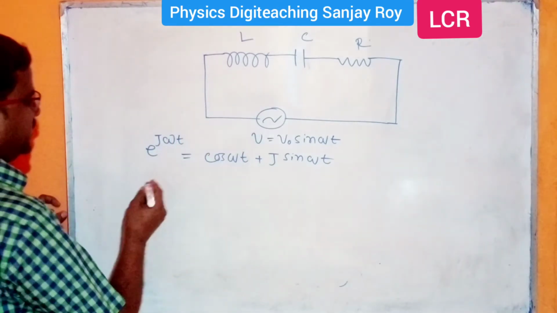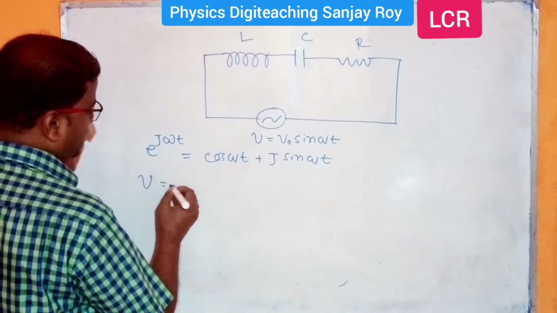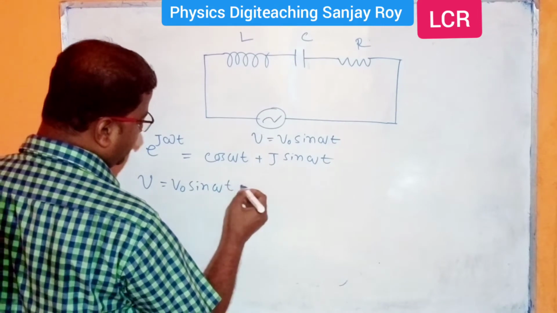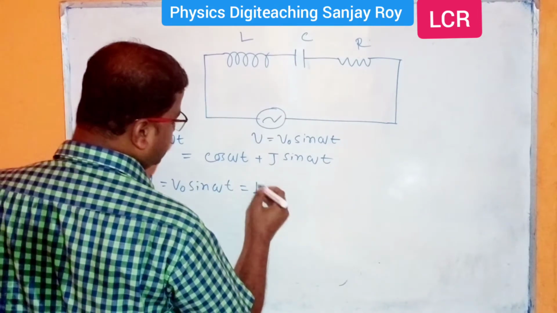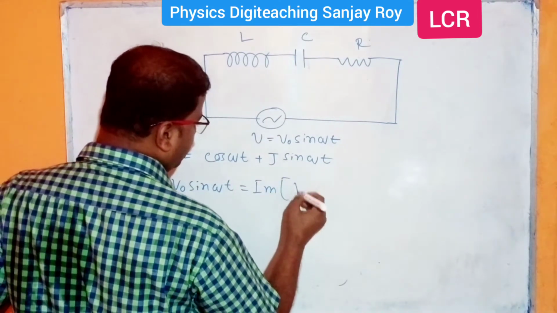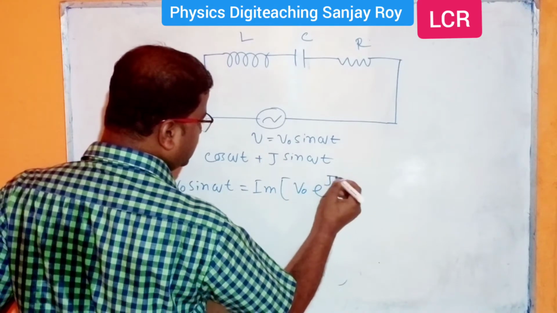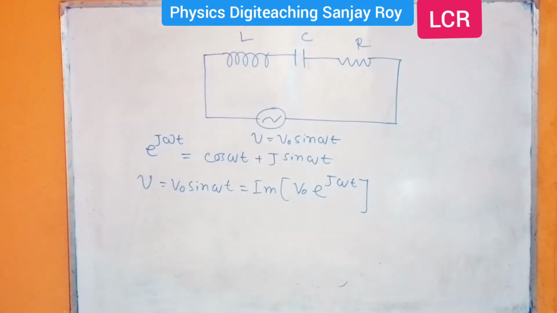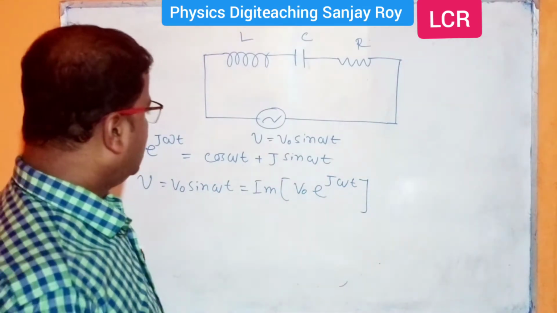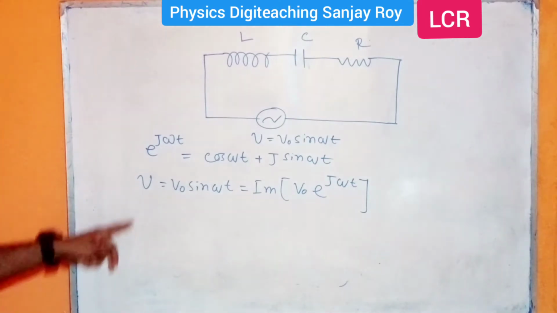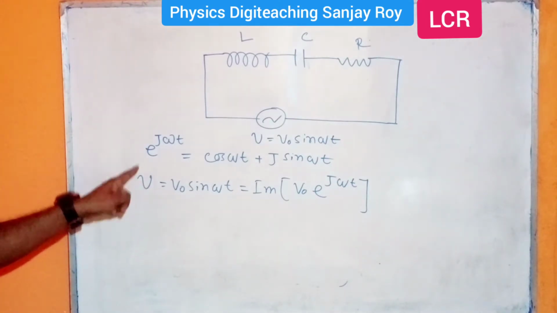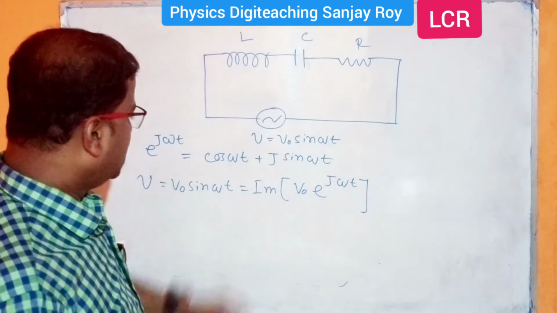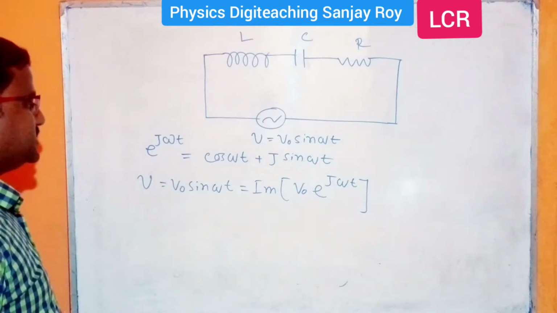Therefore, the voltage V equal to V0 sin omega t can be written as the imaginary part of V0 e to the power j omega t. So for the simplicity of calculation, we use this convention: alternating voltage V equal to imaginary part of V0 e to the power j omega t.